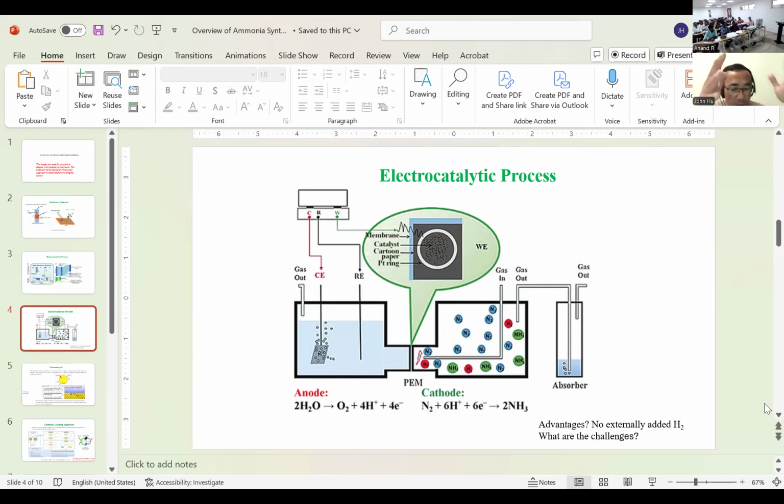The hydrogen is not from natural gas. Ammonia is not made by Haber-Bosch. Ammonia is made by an electrocatalytic process. This is an ambient temperature, ambient pressure process. Okay, so hydrogen is produced from one side, called the anode of the electrolyzer, and ammonia is produced from the other side, called the cathode, from nitrogen. I'm going to pause here, and then I want you to read the question.